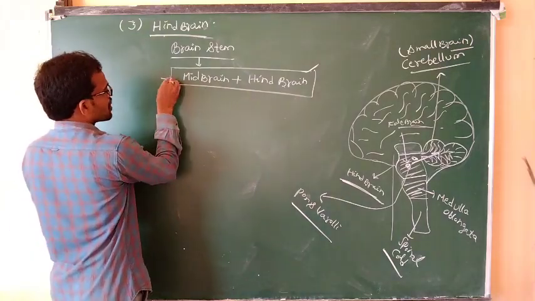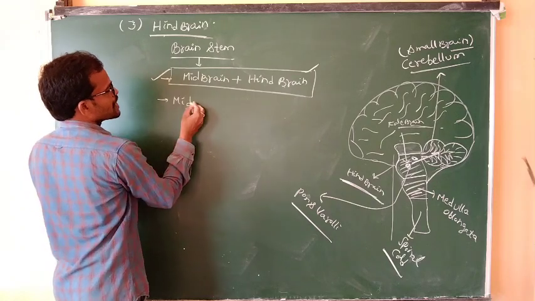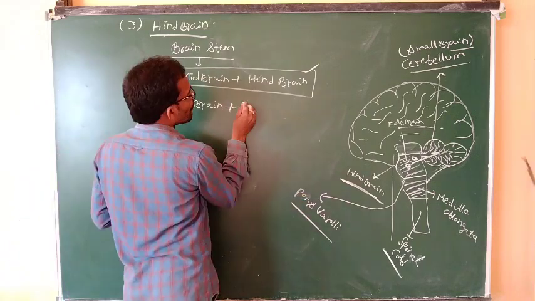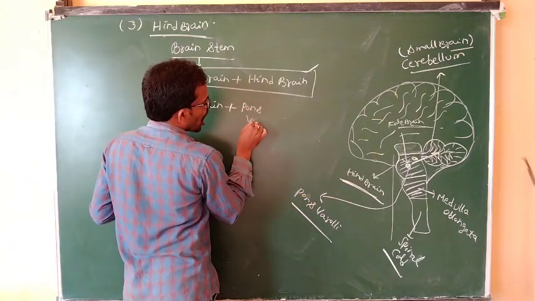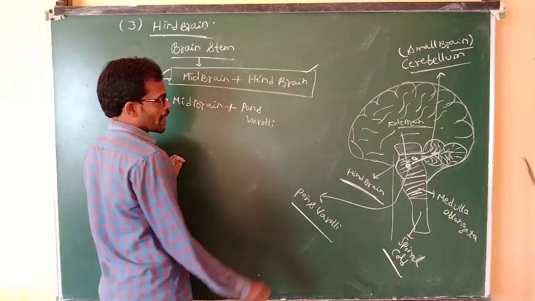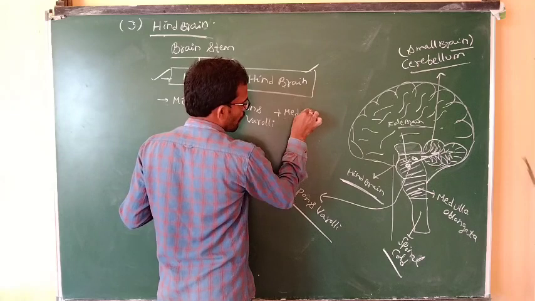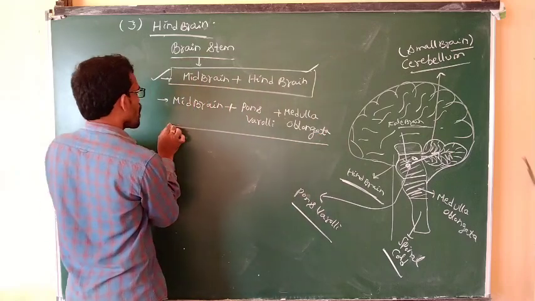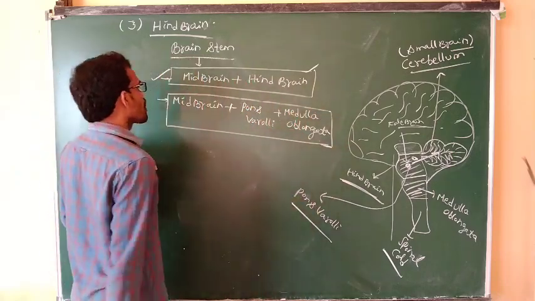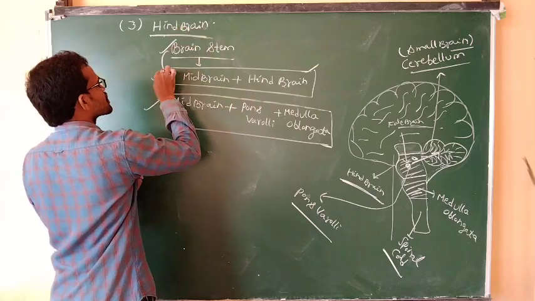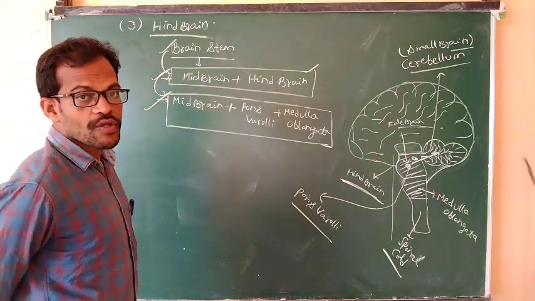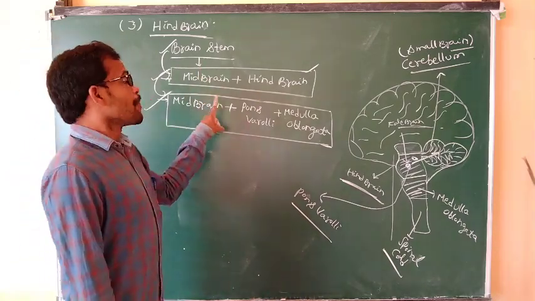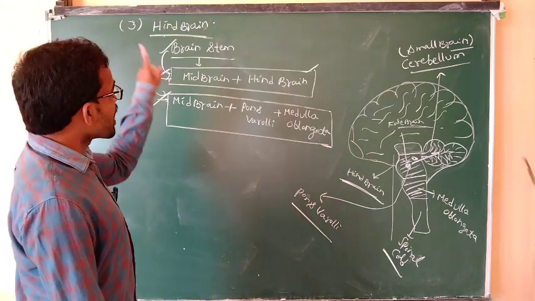Otherwise, midbrain plus pons varolii plus medulla oblongata also indicates the brainstem. So brainstem means midbrain plus hindbrain, or midbrain plus pons varolii plus medulla oblongata.